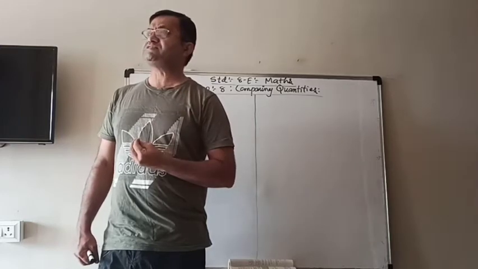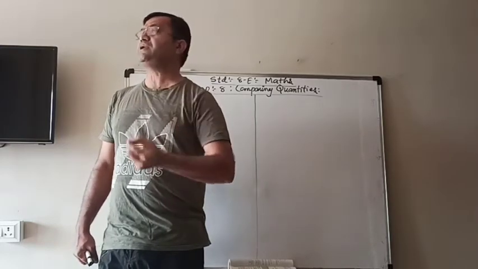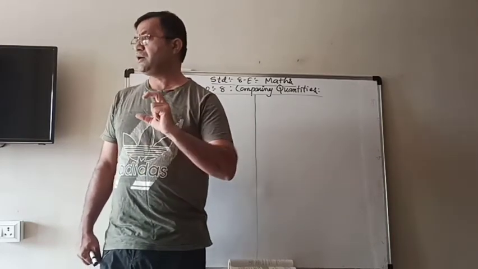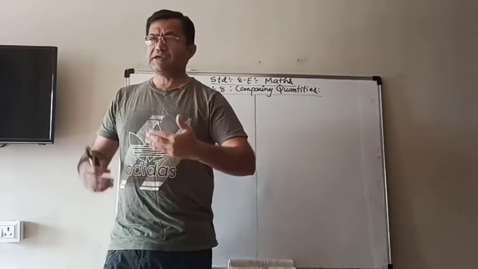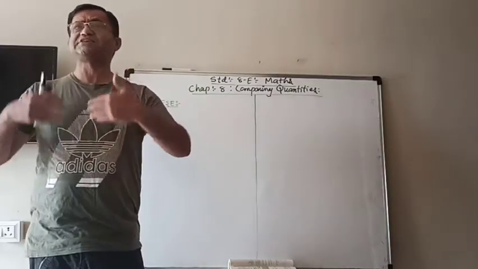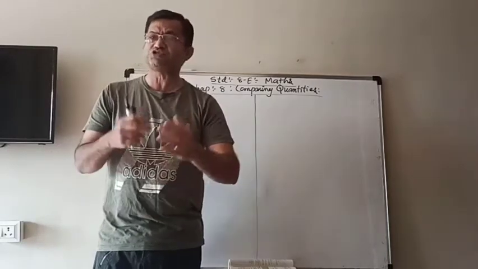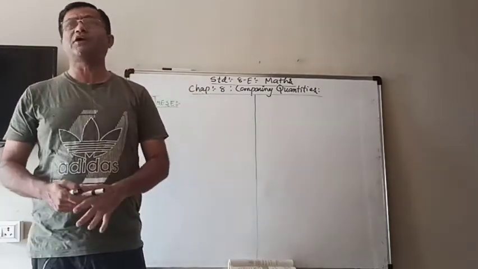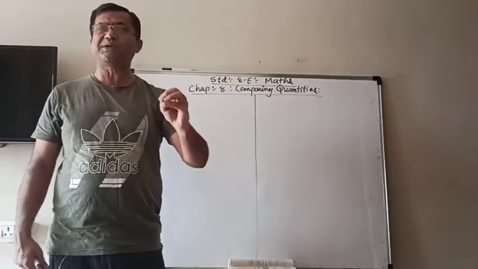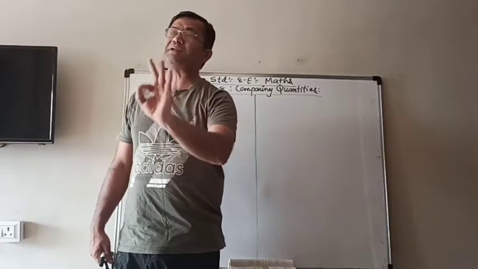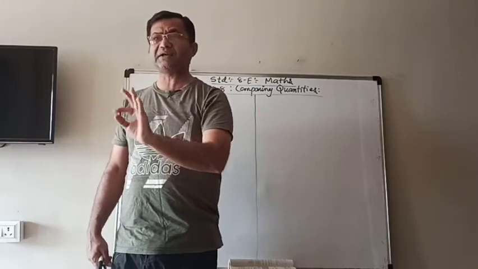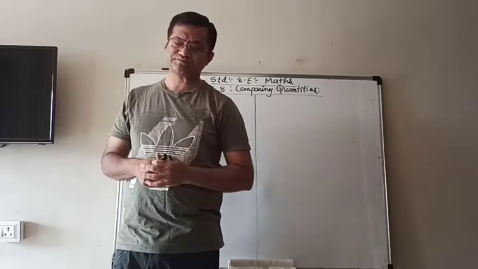And in this situation there will be a little difference in the formula. If the price is increasing or the population is increasing, in this situation we use the same formula: A is equal to P into bracket 1 plus R upon 100 whole raised to n.